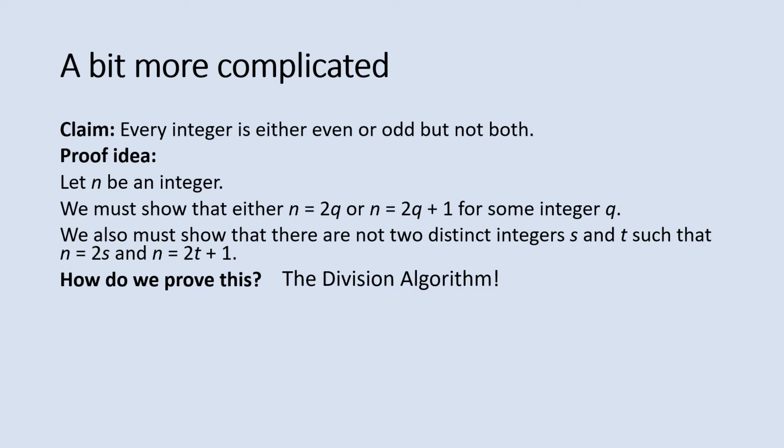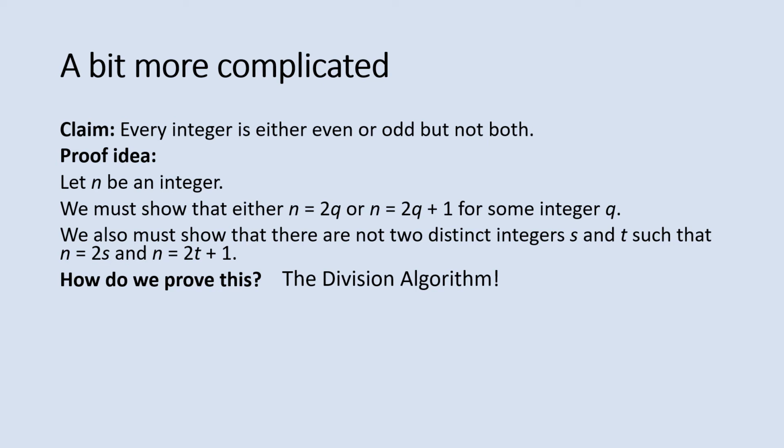And the division algorithm tells us that these numbers are unique, the q and the r are unique, and that r is 0 or 1 in the case of looking at division by 2. So it tells us that every integer can be written as either 2 times q or 2 times q plus 1, and it is unique for that.